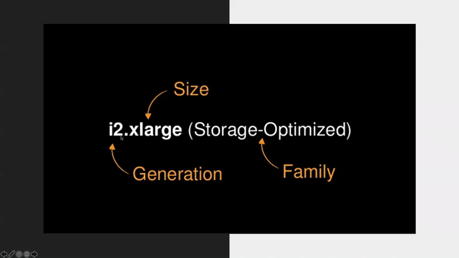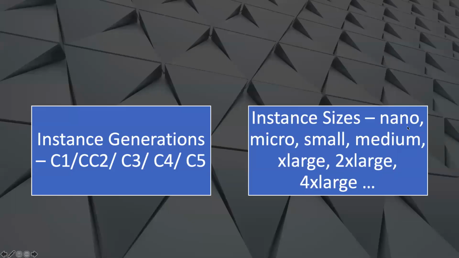So for instance, if I have M5, then M5 means the latest generation of that server type. And then second is the size. Size can be nano, micro, small, medium, X large, 2X large, 4X large, 8X large, and I think it goes up to 24X large.